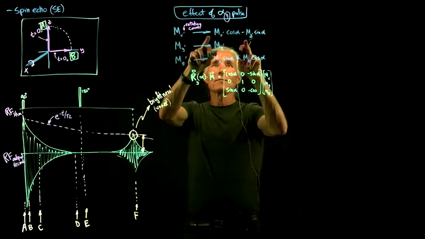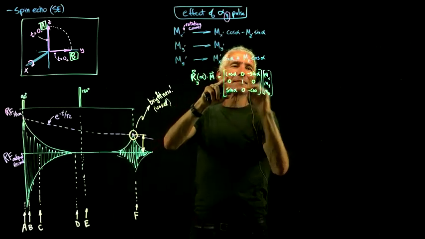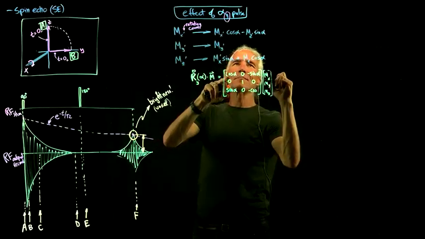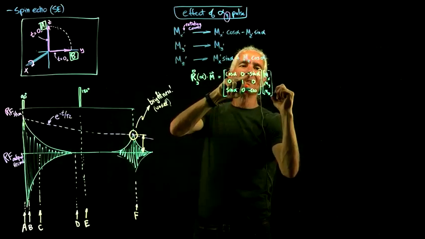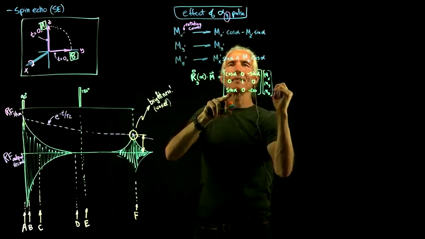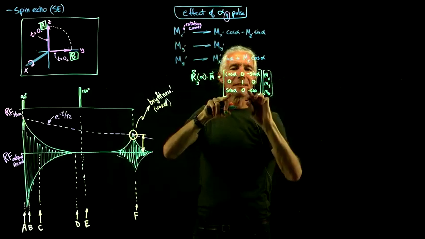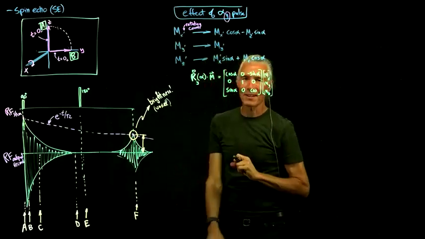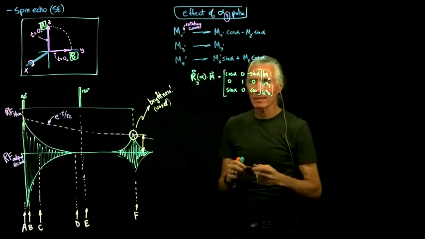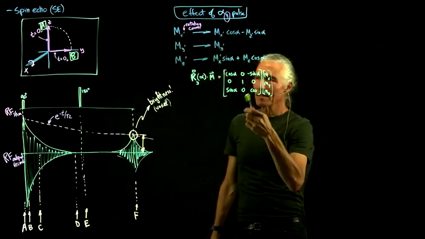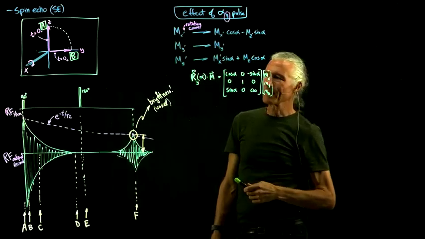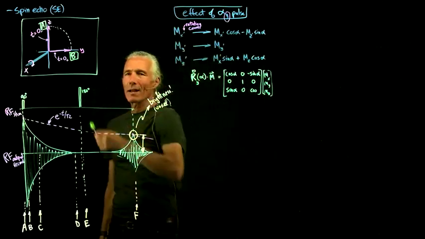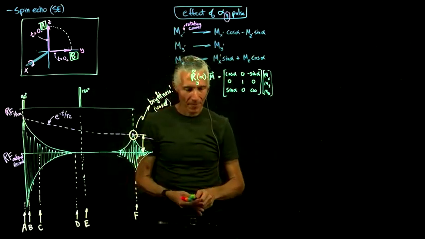We can figure out from this correct equation: this is mx times cos minus mz times sine. That's correct, and there's no minus there. So that's a rotation matrix to rotate something by angle alpha around the y-axis, and that would be if we did a y-axis flip.